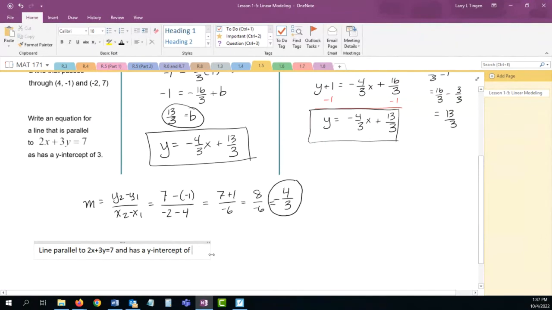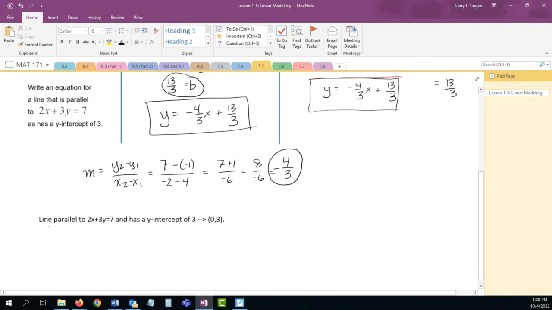I wanted to draw attention to it. It says a y-intercept of 3. That is not correct, okay? Unless the problem tells you that's how we're dealing with y-intercepts. This is not the y-intercept, this is b, okay? So a y-intercept of 3 really corresponds to the point (0, 3). Now, 3 is the value of b that goes into my equation.